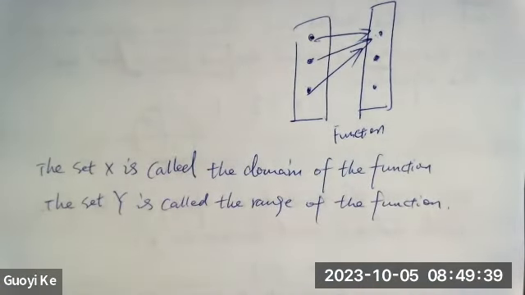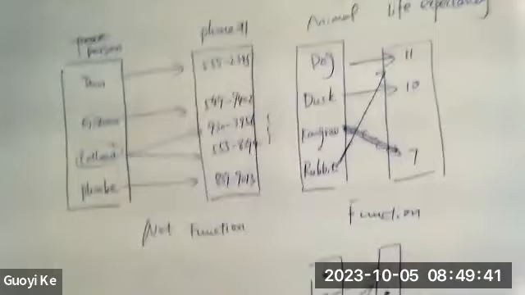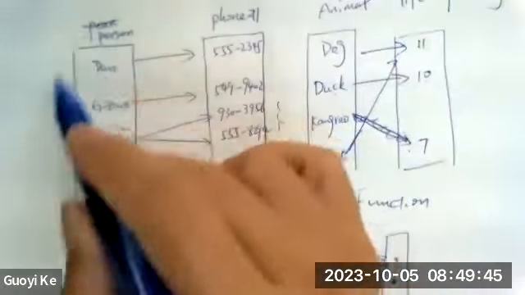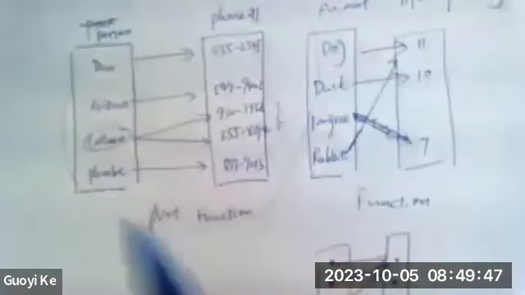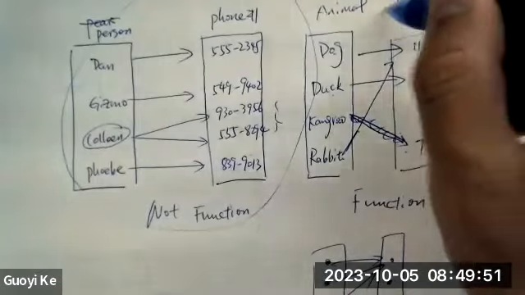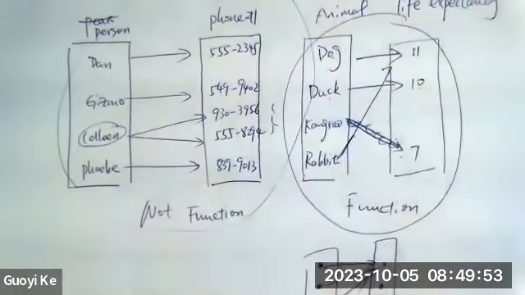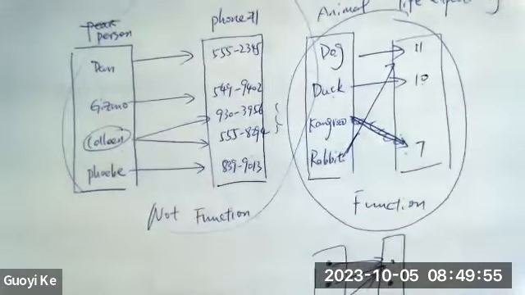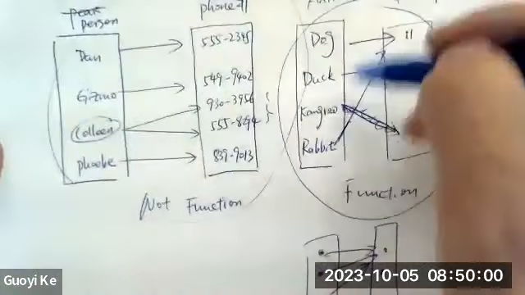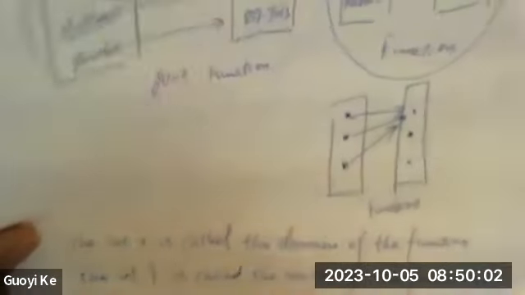Okay, now let's take a look at the previous example. What is the domain for this guy? Although this guy is not a function, right? Okay, let's check this one. What is the domain for this guy? Basically, that is a combination of all these elements.